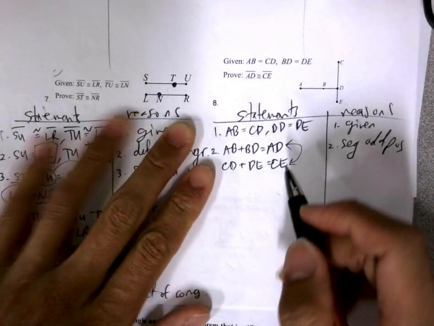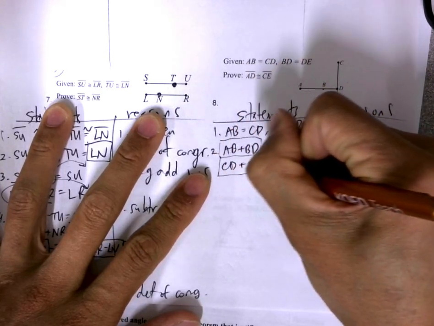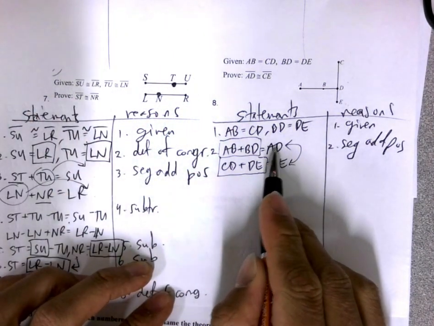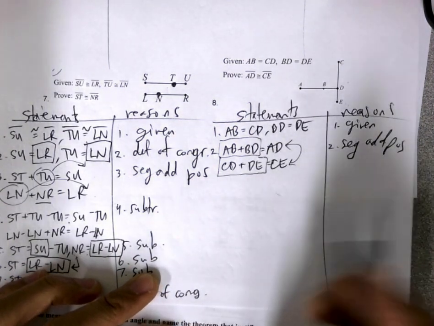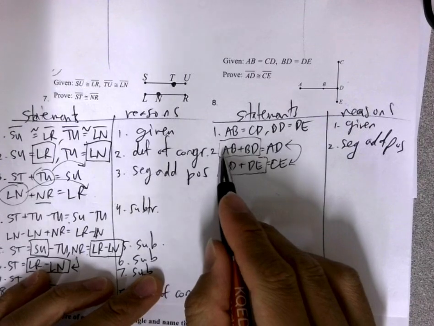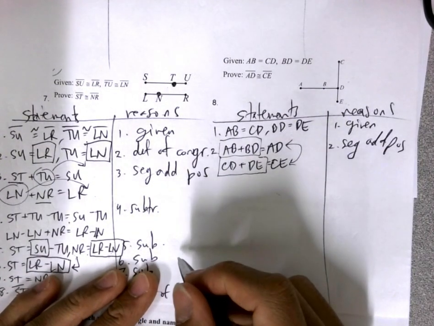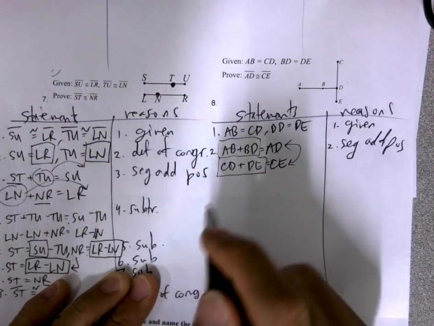Well, what we can do is if these expressions here are both the same, then we can go ahead and substitute in AD for this expression. Okay, and then we can get AD equals CE. So that should be our goal, is try to get these 2 boxed expressions to be the same expression. Make AD equal to the same thing that CE is equal to.